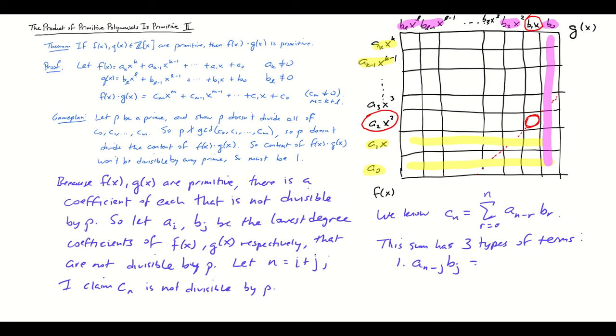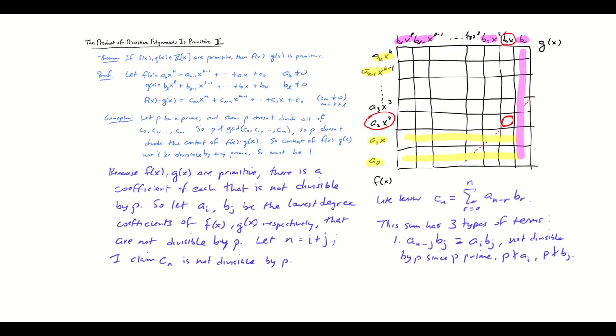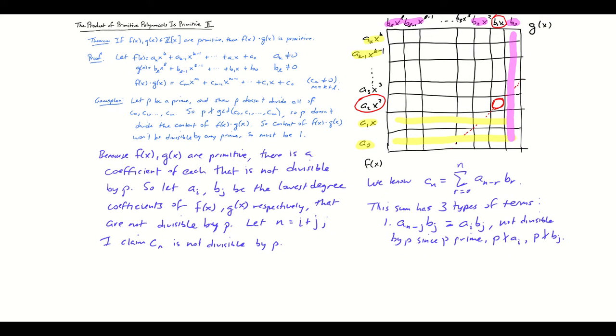The others are kind of annoying, but we still have to pay attention to them. So the other ones are, number 2, a sub n minus r, b sub r, where r is less than j. Okay, but if r is less than j, then p divides b sub r, since b sub j was the first not divisible by p.